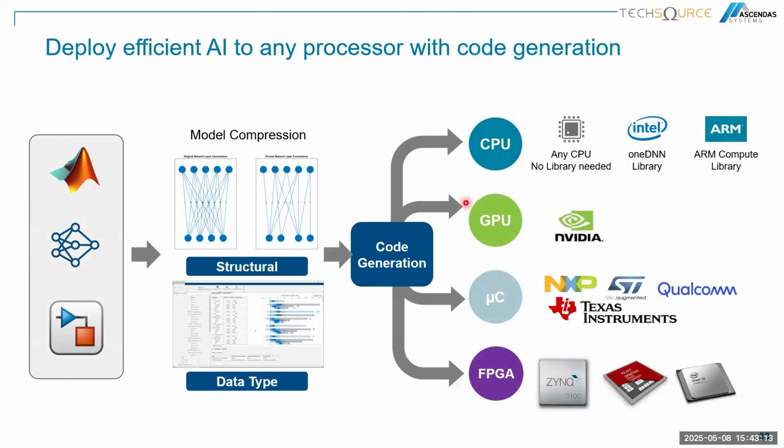We can accept all of these. And between the model and the code generation, we also have tools to help you do the model compression, both structure compression and data type compression by Fixed-Point Designer. So this will help you a lot in the AI with model-based design workflow to create your standalone AI model that fits any processors here.